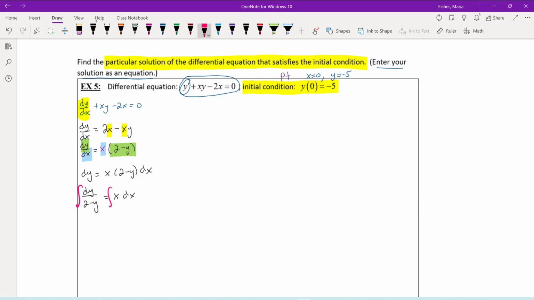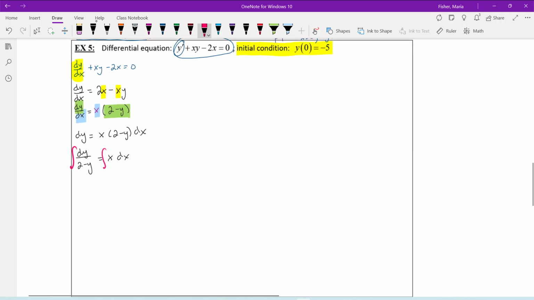The left-hand side is going to require a u sub. We're going to let u equal the denominator there, 2 minus y. Then the derivative du would equal negative dy. Well, I don't have a negative dy, so I'm going to multiply both sides by a negative, and negative du is equal to positive dy. So this becomes the integral of negative du over u.